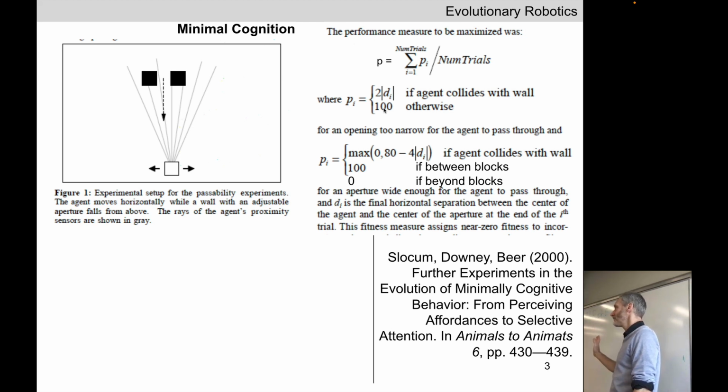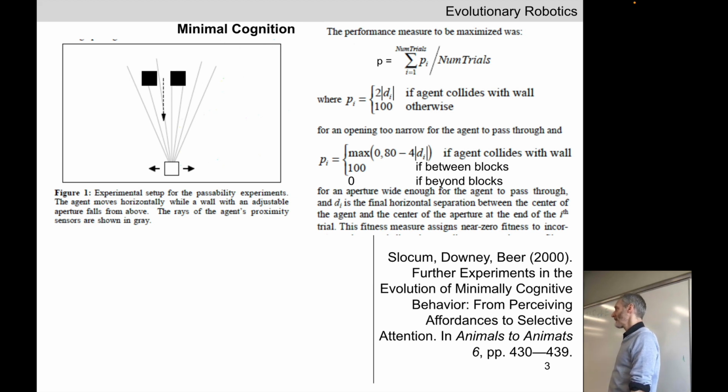It ran away. Yeah. Remember, we're trying to maximize P sub I, so we're obviously trying to maximize D sub I, which is the horizontal distance between the center of the robot and the center of the gap when the pair of objects gets to the ground. Why are we maximizing D sub I? So the pair of objects is falling, the gap is too narrow, the robot hits one or both of the objects.